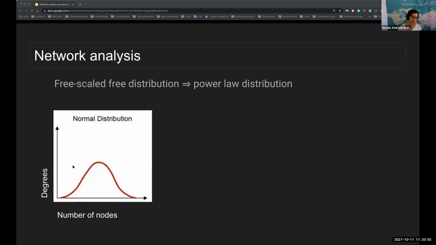Here you have the degrees of relatedness and the number of nodes. So in a normal distribution, you will have a low number of nodes with low degrees, and also a low number of nodes with a high degree, with the majority of nodes in between.